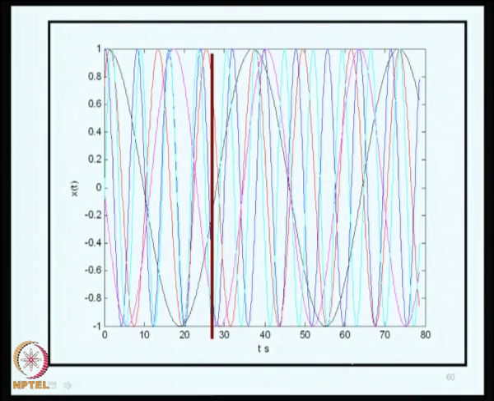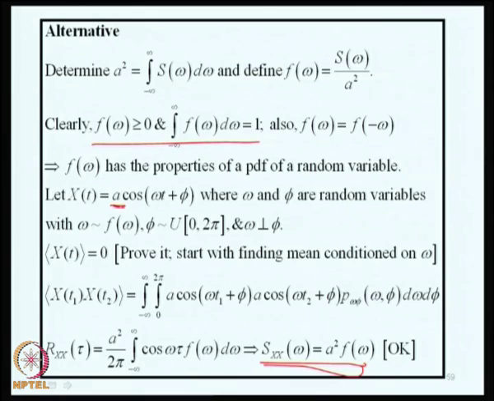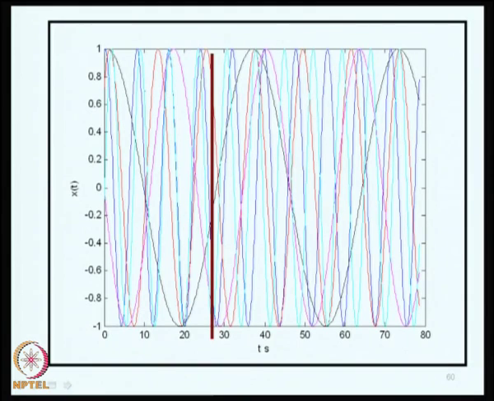If you assume say a is 1, they are all harmonics where frequency and phase are randomly distributed. But the power spectral density function can be specified as a part of the specification of the problem.